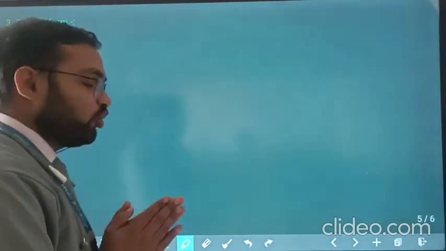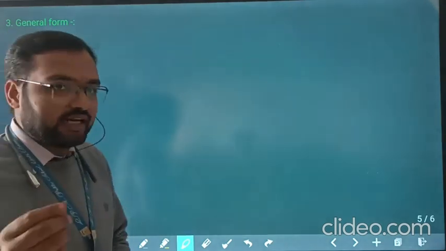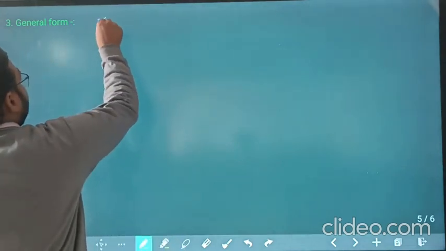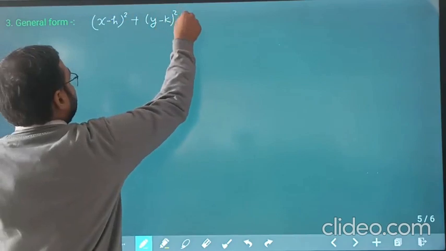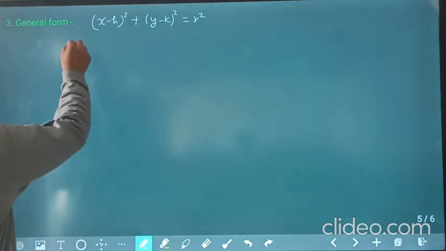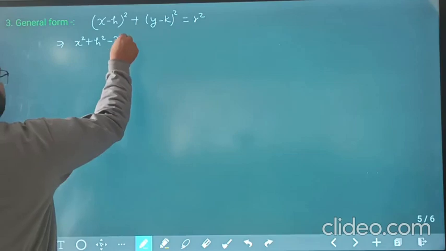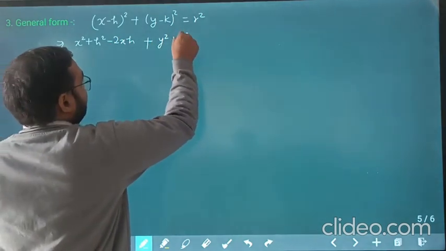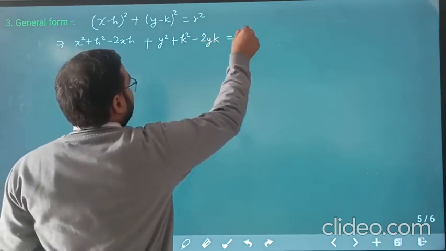Now the third and the most important form, that is the general form. As we know, the central form of a circle is (x minus h) whole square plus (y minus k) whole square is equal to r square. On expanding both the terms, we will get x square plus h square minus 2xh plus y square plus k square minus 2yk is equal to r square.